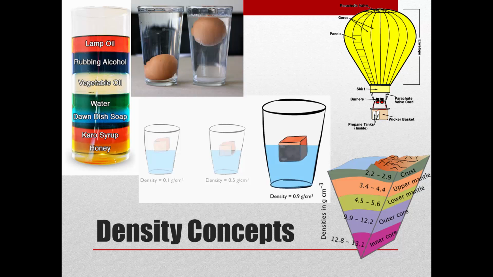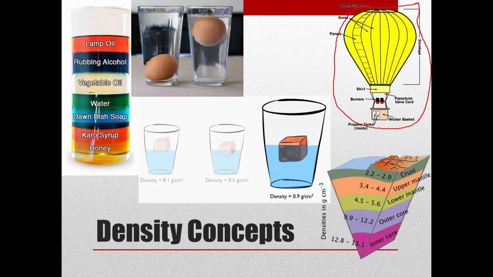If you're taking a look, you can see that density controls how substances behave in each other. I'm going to start out by talking about the hot air balloon real quick. In a hot air balloon, the whole reason why a hot air balloon floats is because the density of the balloon is less than the density of the air around it.